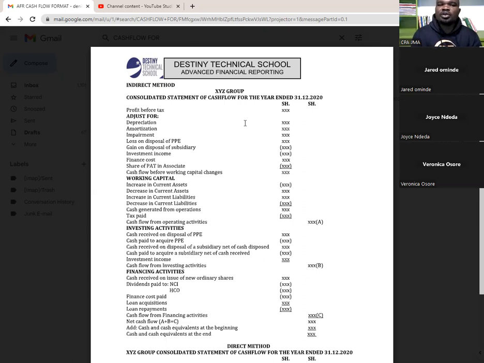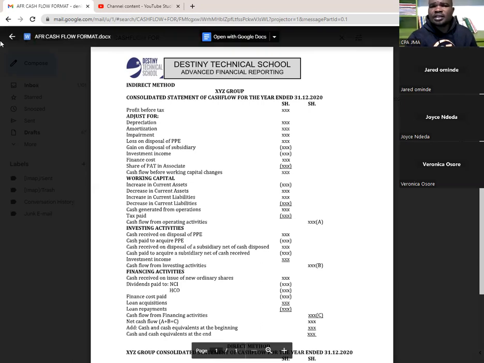The same, gain on disposal of a subsidiary. If you gain on disposal, that is not an operating income. Operating income is the income you generate on daily operations, and more so the daily sales, or which is just when they write revenue, we always assume that revenue is the sales.